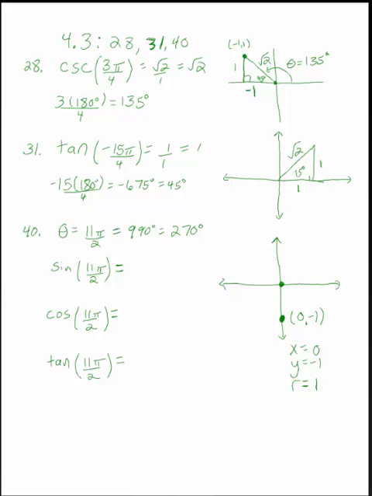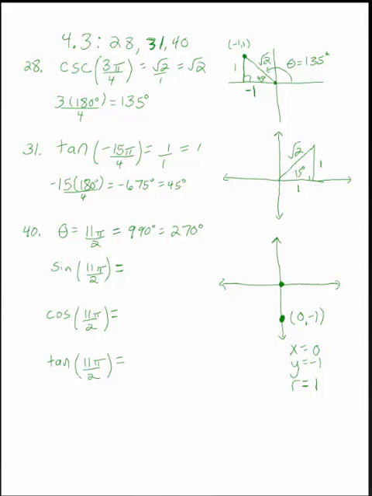Notice this is one of those scenarios where I can figure out the x and the y value from looking at the coordinate. The r value is always positive. It's the distance from the point to the origin. I'm doing this without having a triangle. Whenever my point falls on the axes, I don't end up with a triangle, but I can still evaluate my trig functions because I can figure out the x value, the y value, and the r value.